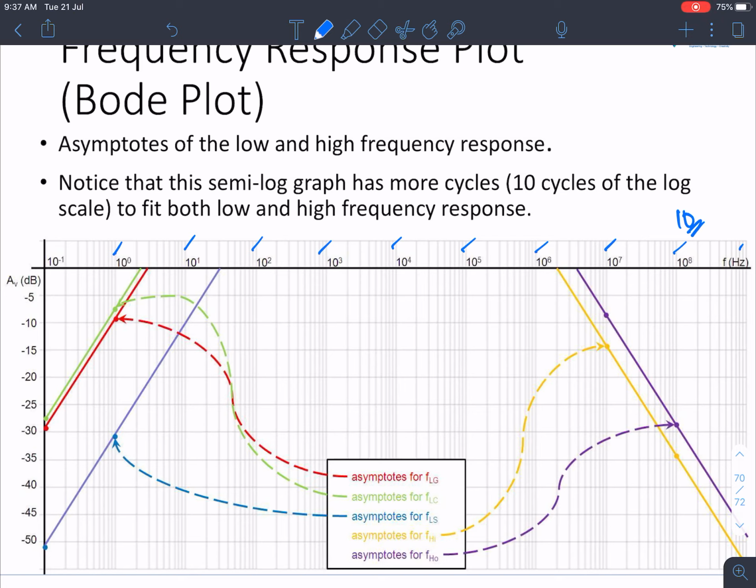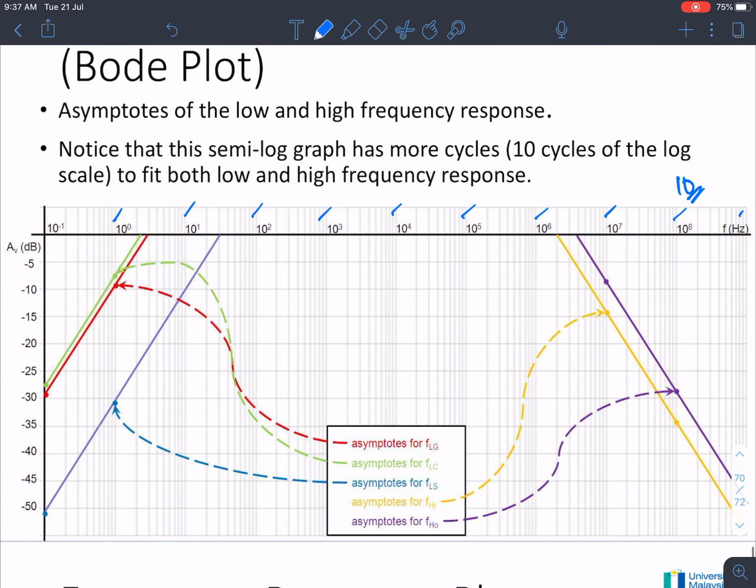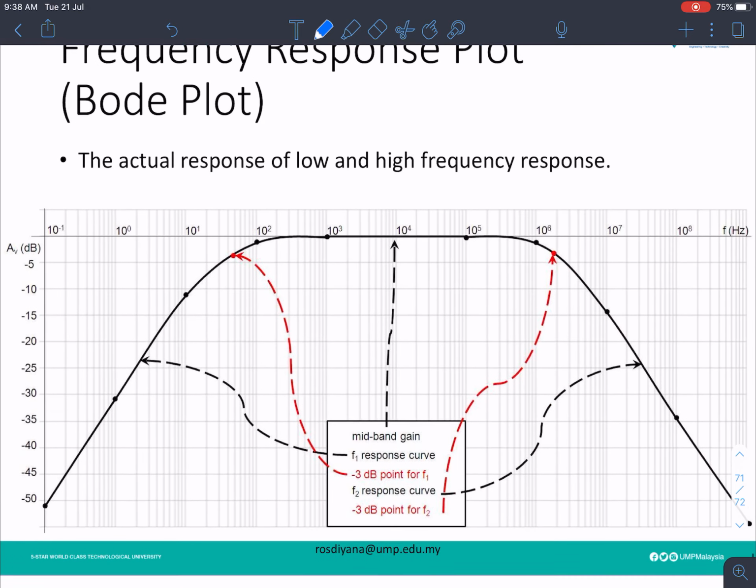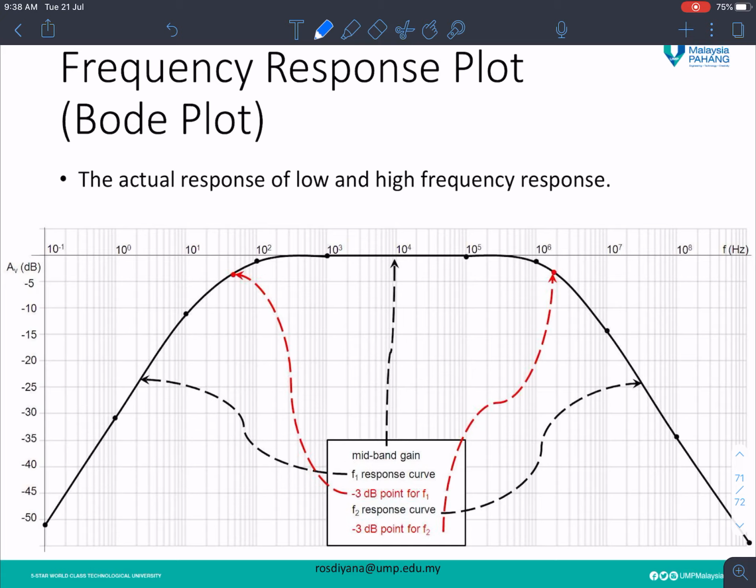So it can fit both low and high frequency response. So we can draw our frequency response here. For this frequency means you get for the low and for the high, and this is the actual response for low and high.